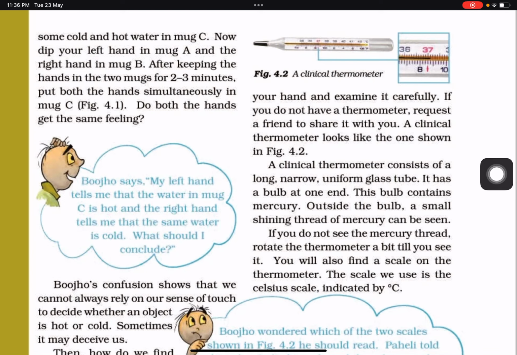It has a very uniform narrow glass tube, and you can see a shining thread. What is the shining thread? The shining thread is none other than mercury. What is mercury?